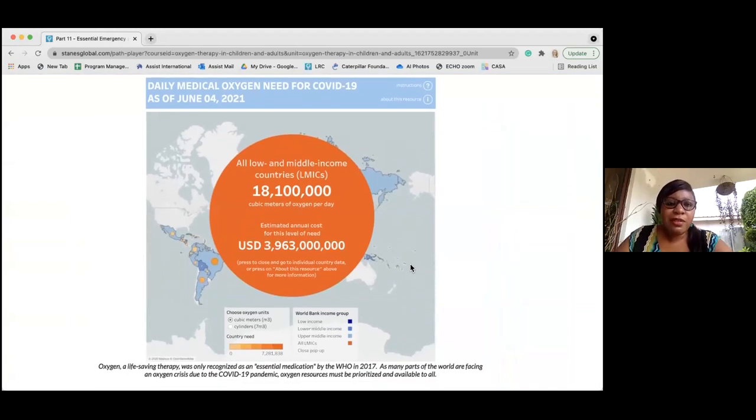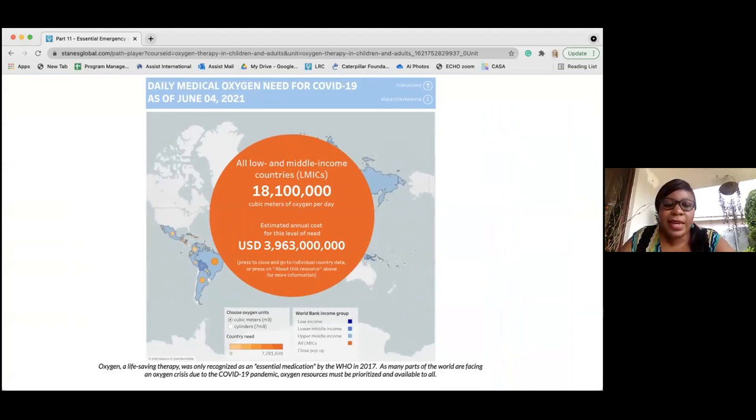Okay, this slide shows the data in terms of the daily oxygen demand, especially for COVID-19, as of June 4th, 2021. This data is for low and middle income countries, or what we call variable resource setup.